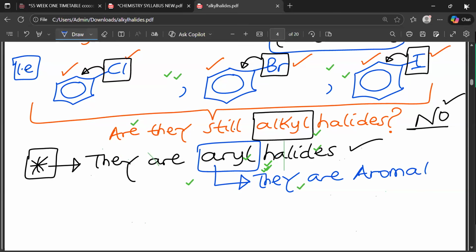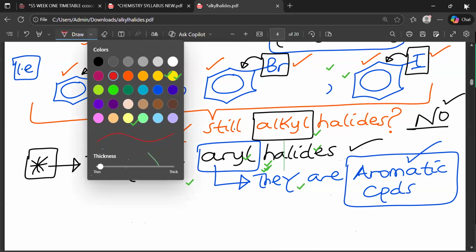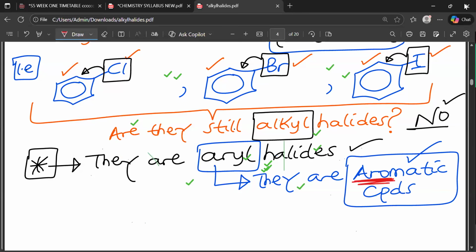Why aryl? Because they are aromatic compounds. Why are they aromatic compounds? They have a benzene ring somewhere in their structure. So in their halides, they are aryl halides. So you can see aromatic, aryl, aromatic, aryl. They are not alkyl halides.